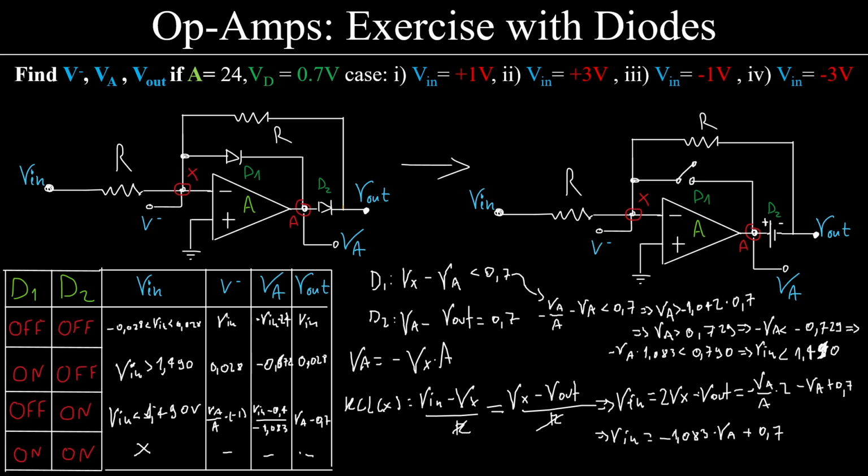We have constant values over here. How about when Vin is minus 1 volt? We fall into here. Again, we solve these equations, same as with minus 3. I know that you can solve this. It's very easy, just replace this Vin value over here and do the math pretty simply.